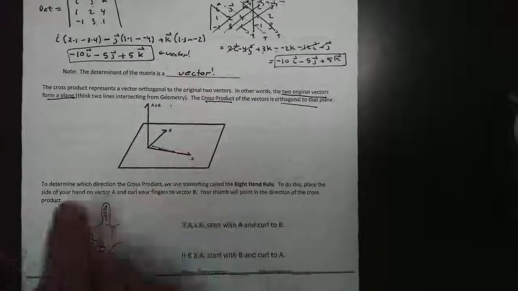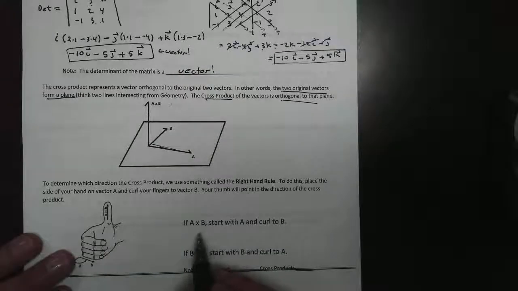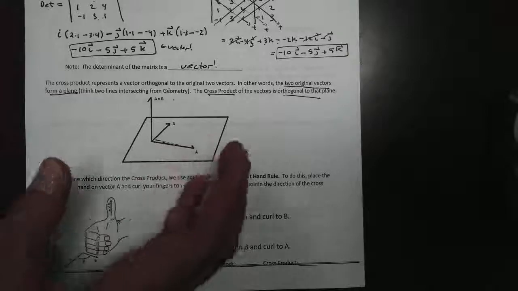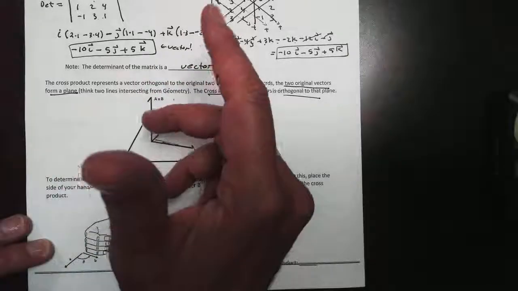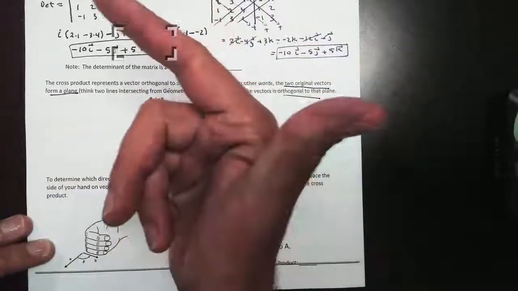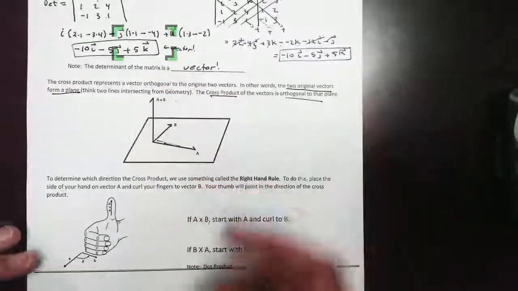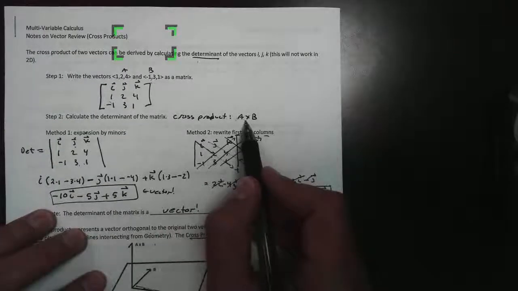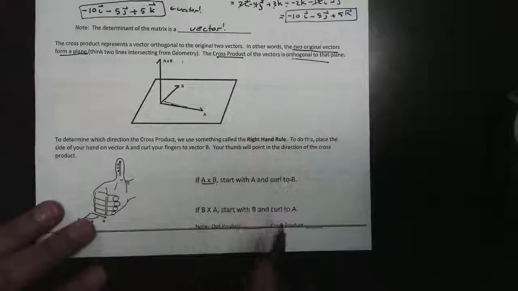If I want to find A cross B, I'm starting at A and I'm heading towards B. So it's going to look like this, right? And it's going up. But remember, the direction matters. We talked about that up here, right? A cross B, but what if I did B cross A?